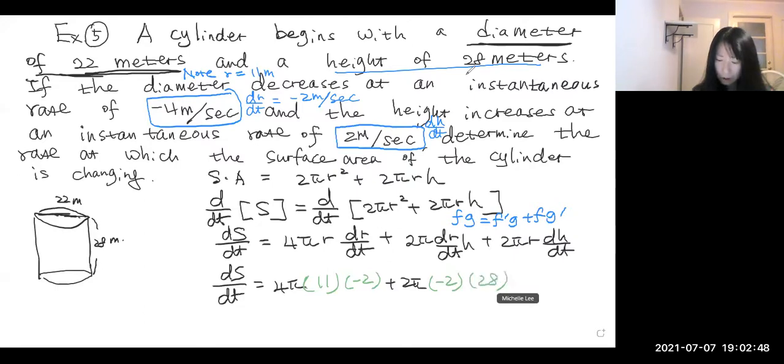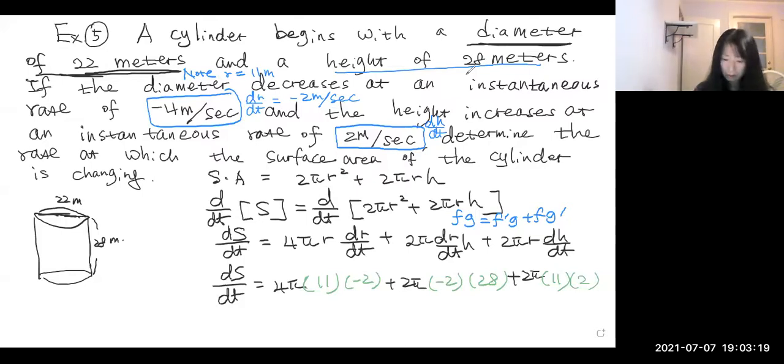Thank you. And plus 2 pi r, which is 11, times dh over dt, which is 2, right? I didn't make a mistake, right? Okay, so now it's your turn.